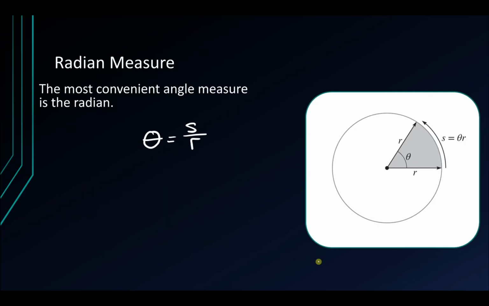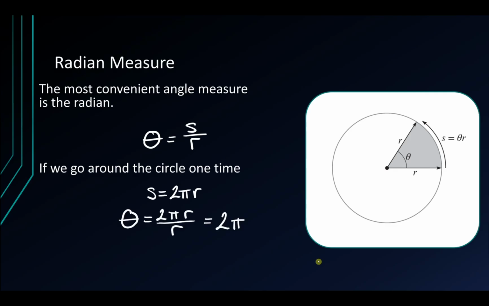The most convenient angle measure is the radian, right? So we're not using degrees, we're using radians. We can define theta as our arc length divided by our radius. If we go around this entire circle one time, then our arc length is 2 pi times the radius.